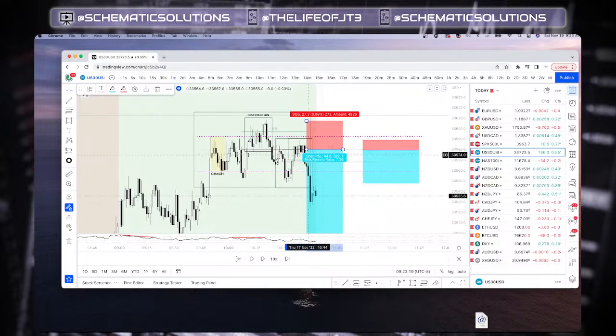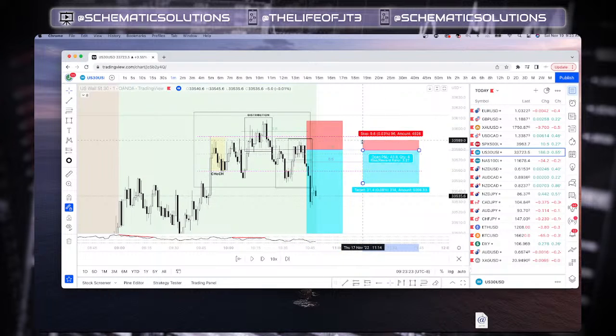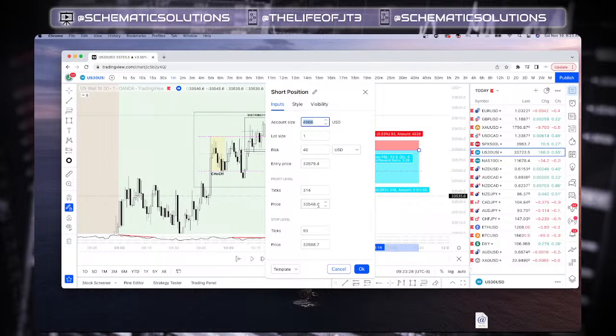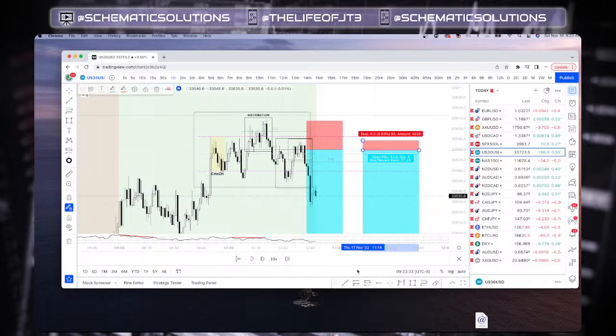As of this time, I'm looking and placing risk off of this to take it down to that 33382 area, which will give this about a 1 to 20. And this is why this was my first target, just because it gave me my 1 to 20 right there. And then you'll see it plays into like a reaccu.